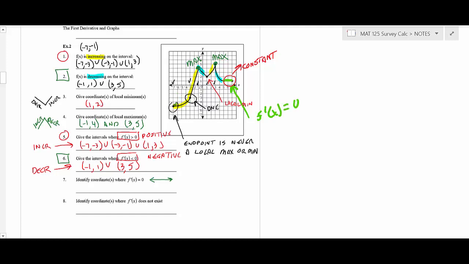All these other places, you're not differentiable at all these sharp points. So if I look at all of these points right here, every one of those, the derivative does not exist. So we'd have to say from 5 to 7.